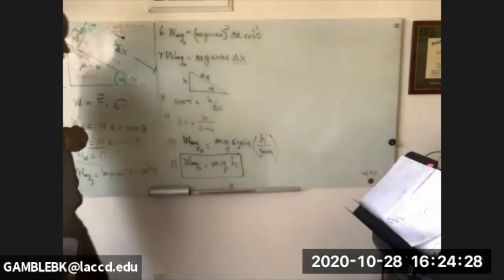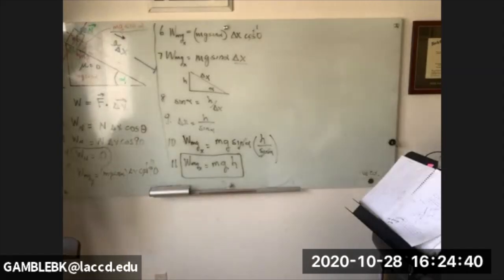Got 5 minutes left, Professor. Yes. Is your number 5 a W, mg and then y, or is it an x? It's a y. Okay. That was looking at the work done by the y component, because the y component of the force is mg cosine theta, and that is equal to 0. Let me call that 5A and then 5B.